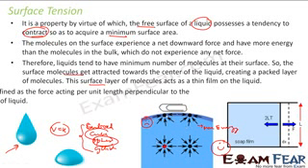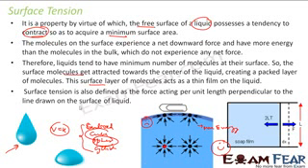Correct. Surface tension can also be defined as a force acting per unit length perpendicular to the line drawn on the surface of the liquid. So if I have a soap film, this is my movable rod.